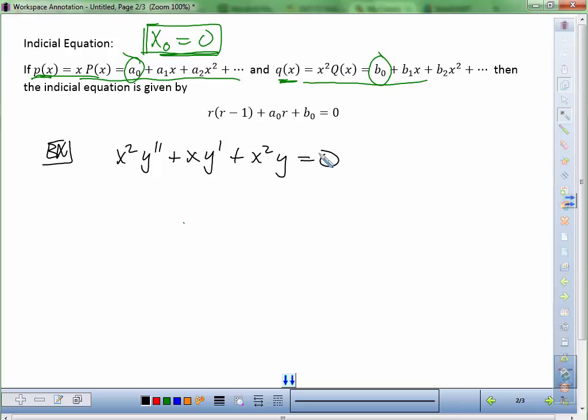So if we identify the functions themselves, the first thing we want to do to get our capital P and our capital Q is to write this in standard form. So let's divide everything by x squared here. We get y double prime is equal to, oops, not equal to, plus x divided by x squared, right?